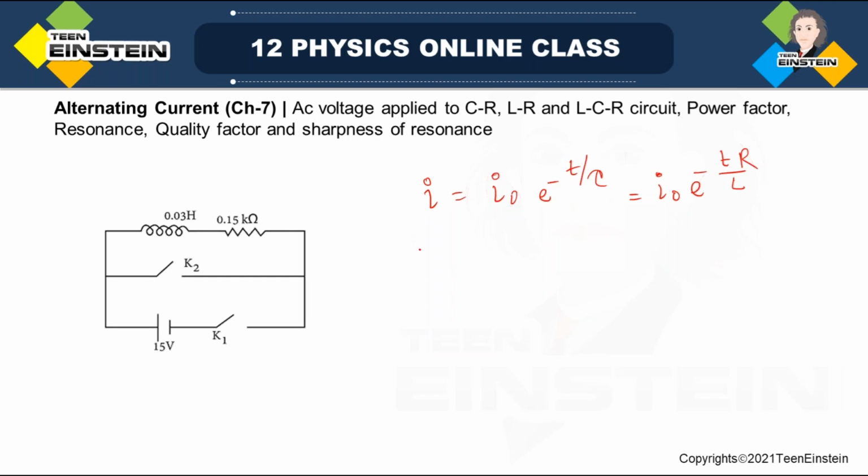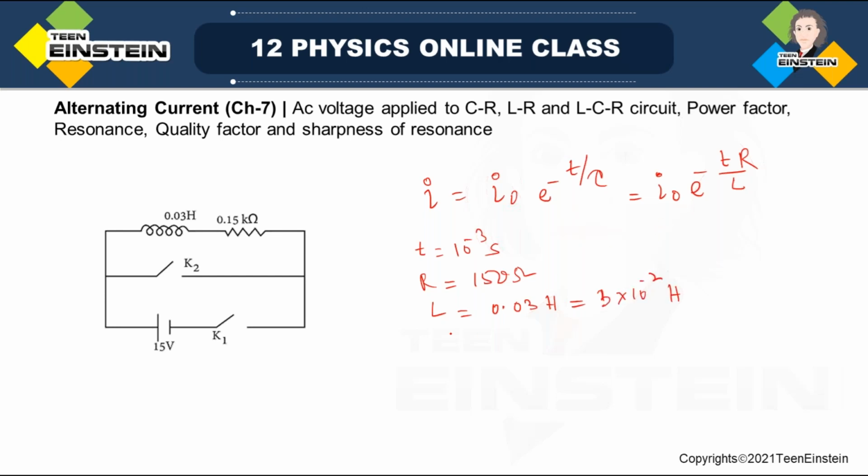Now we can find out. T is given as 1 millisecond, 10 to the power minus 3 second. R is given as 150 ohm and L is given as 0.03 Henry, that means 3 into 10 to the power minus 2 Henry.